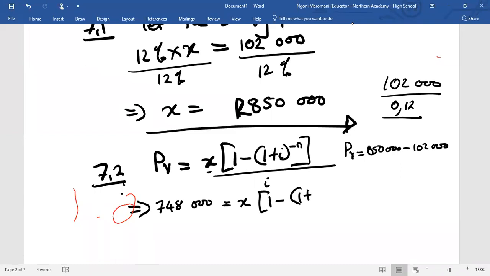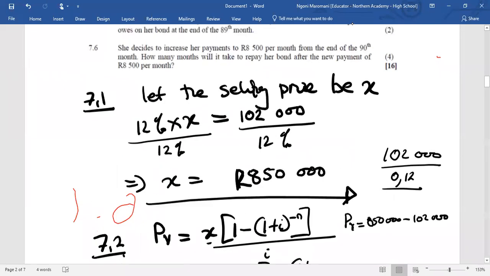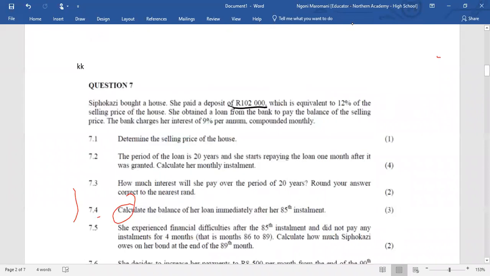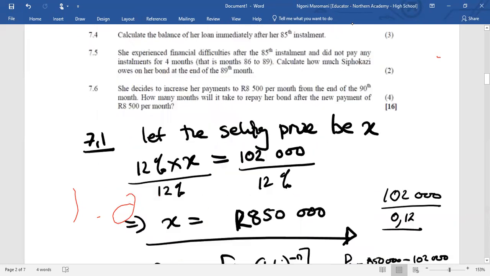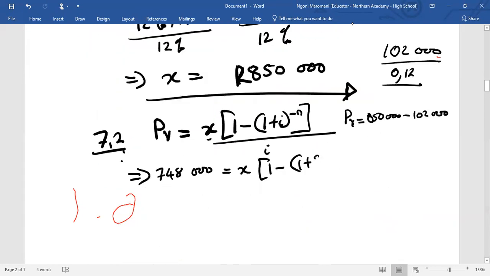What is the interest rate here? Let's go back to the question. It's 9% compounded monthly. So that is divided by 12, so this is 9% here.